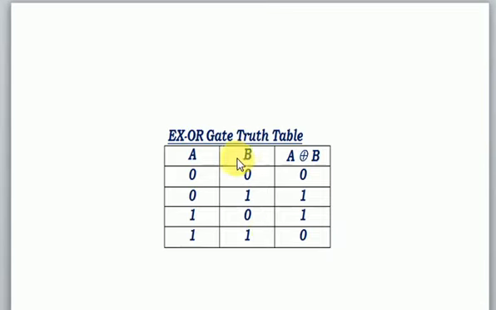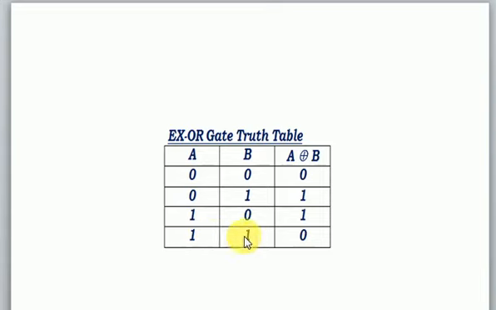From this truth table, you may see that when there is an odd number of ones at the input side, the output is 1. Here 1 is odd, it comes only one time, so the output is 1. Now here it is 1 0, again the number of 1s is odd, so the output is 1.